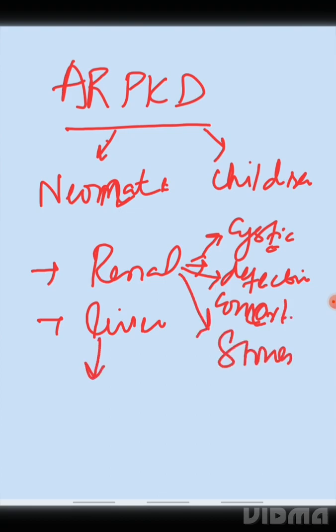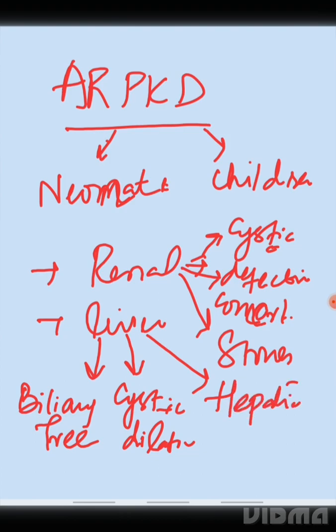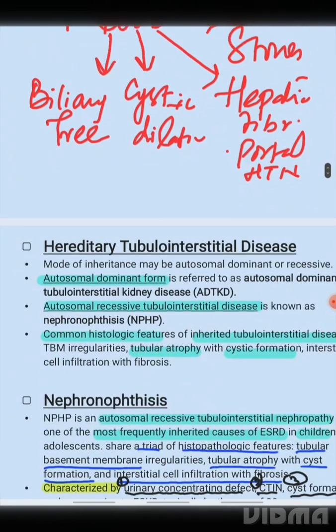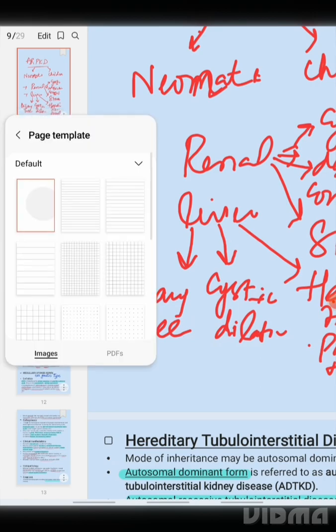If we talk about the liver involvement, it presents with biliary tree involvement. The biliary tree is involved, and it leads to cystic dilation. Apart from that, it can lead to hepatic fibrosis, if severe, and portal hypertension, and usually presents with the syndrome called Caroli syndrome.